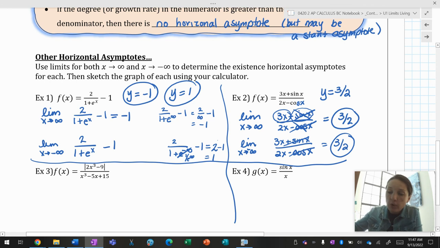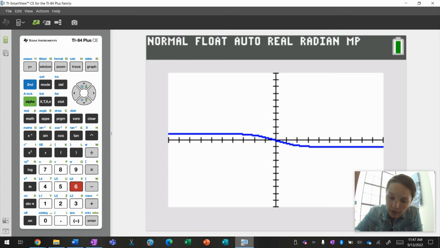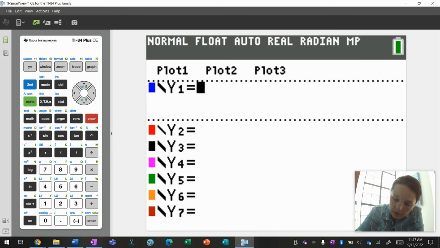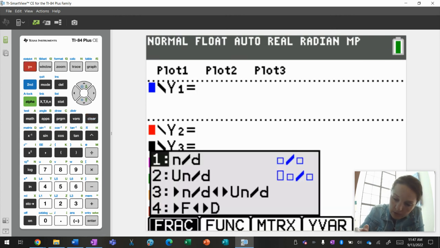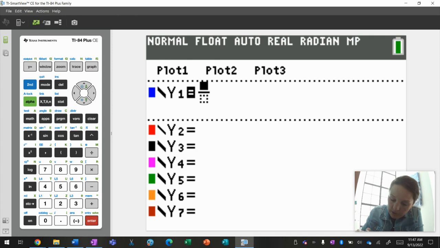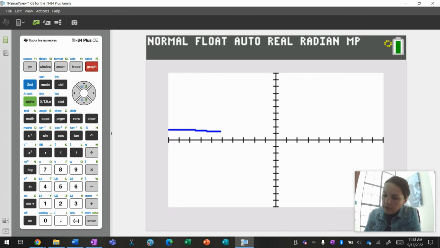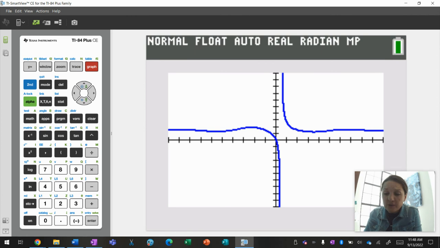And I have exactly one horizontal asymptote at y equals 3 halves. So let's look at that one. I'll use the fraction button here. So it was 3x plus sine x over 2x minus cosine x. And there we go. It looks like I crossed that horizontal asymptote, but it's there.